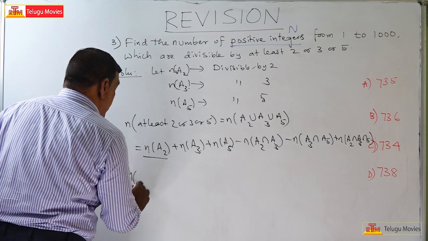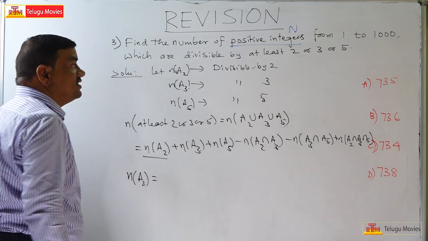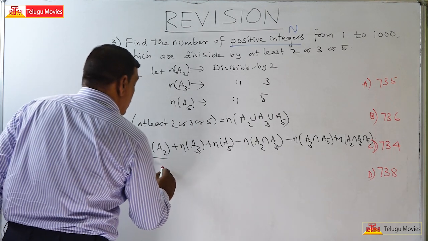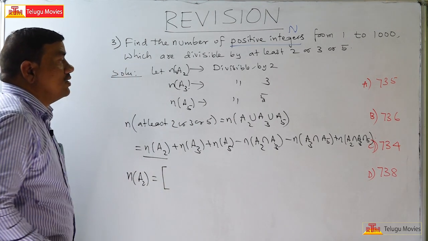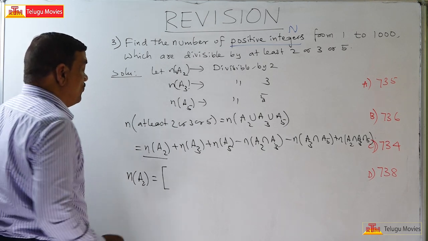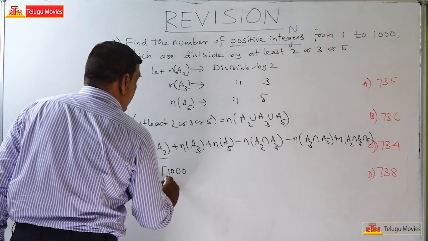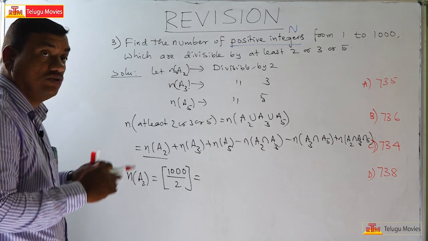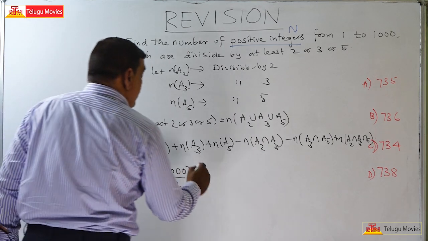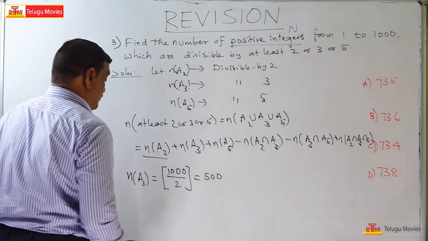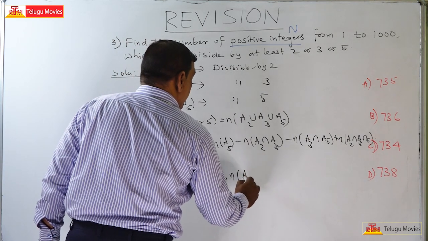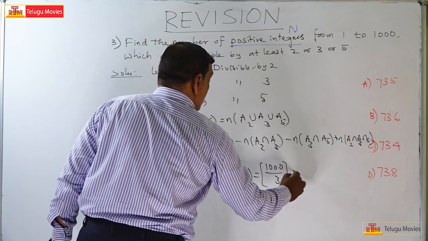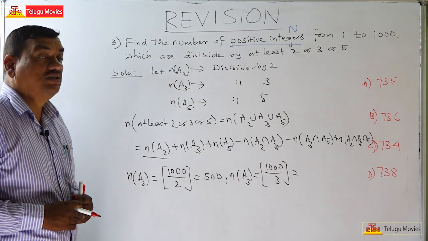We have a very short trick formula: the floor function of 1000 by 2. 1000 by 2 is equal to 500. So the floor of 500 is equal to 500. n of A3 means what? 1000 by 3. 1000 by 3 means how much?